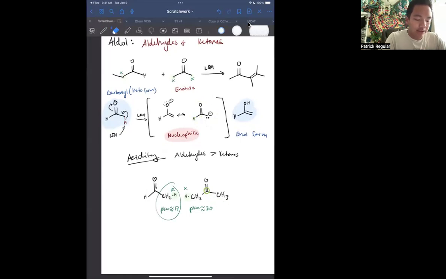Moreover, steric hindrance, all right? So ketones have electron donating groups, which destabilize, emphasis, destabilize our resonance stabilized carbanion, and steric hindrance.